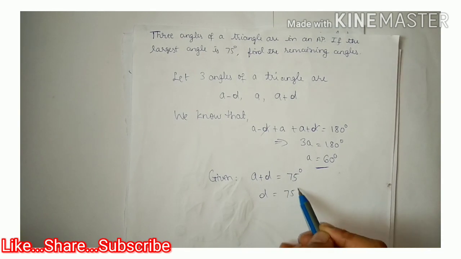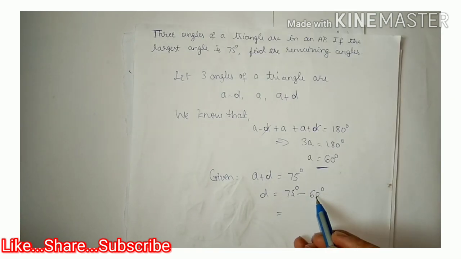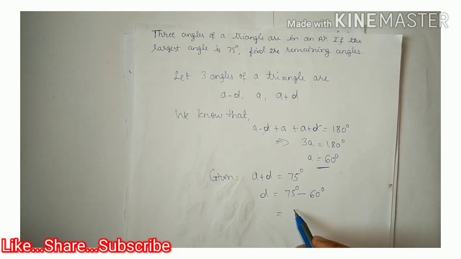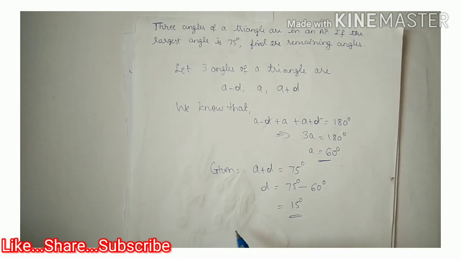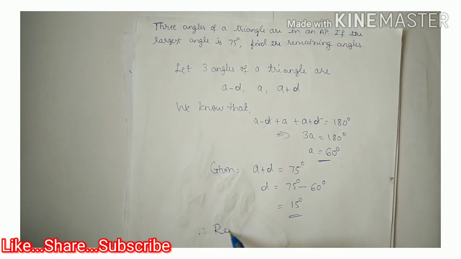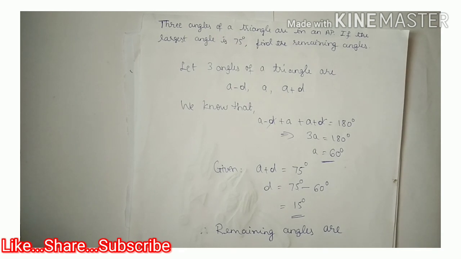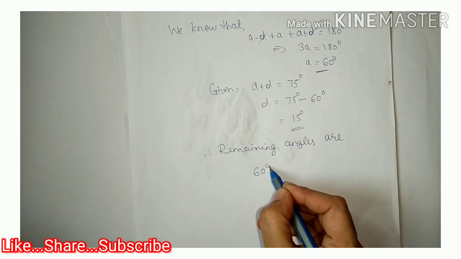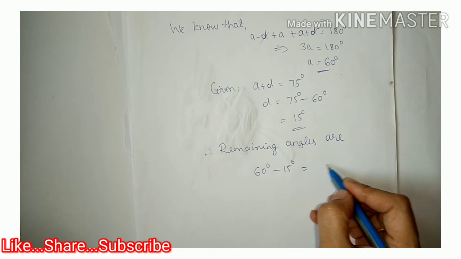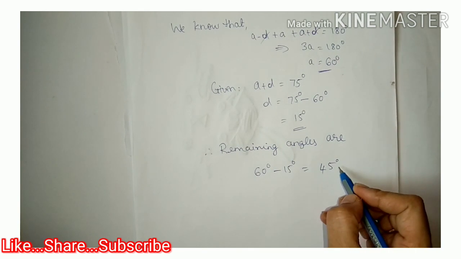D is equal to 75 degrees minus A, 60 degrees, which is 15 degrees. The remaining angles are A minus D and A. Therefore the remaining angles are A minus D, 60 degrees minus 15 degrees, which is 45 degrees, and 60 degrees.